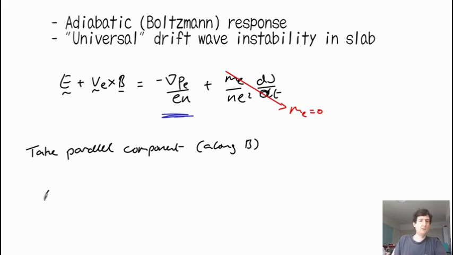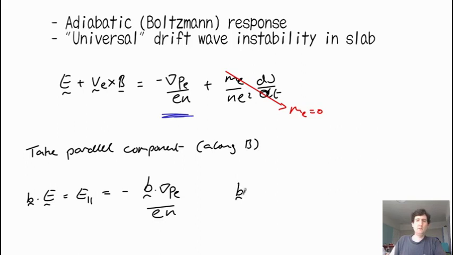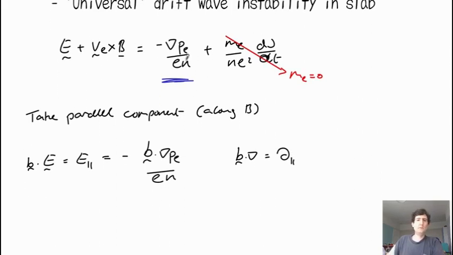We just have that the parallel component, B dot E, which I'll label E parallel, is equal to minus B dot grad of electron pressure divided by en. B dot grad is sometimes just labeled partial parallel, the gradient along the magnetic field, and so we essentially just have these two terms here.